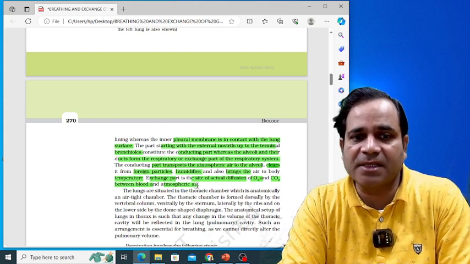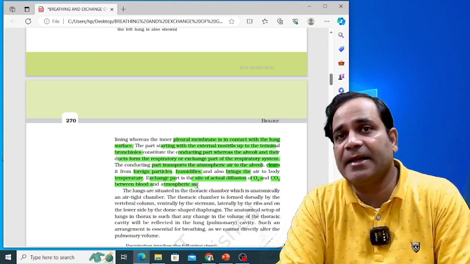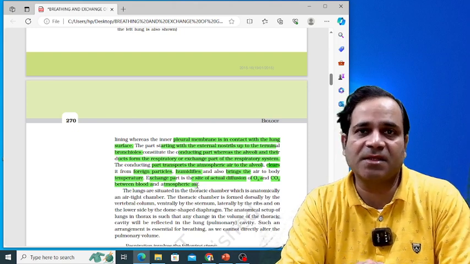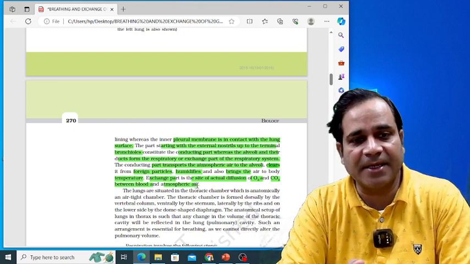This is done by the lungs, where the exchange of oxygen and carbon dioxide between blood and atmospheric air takes place continuously.